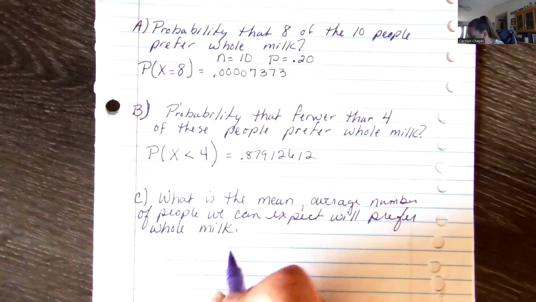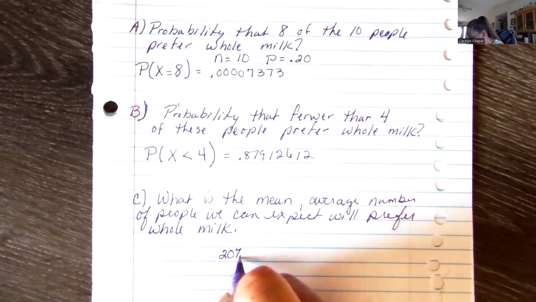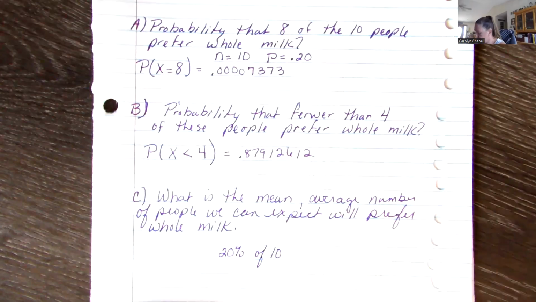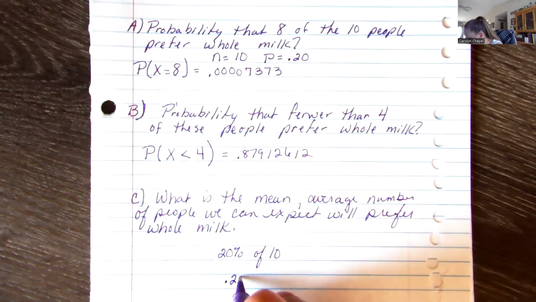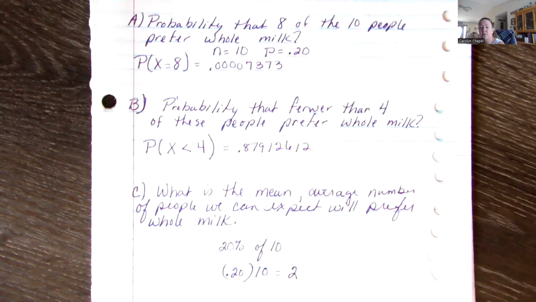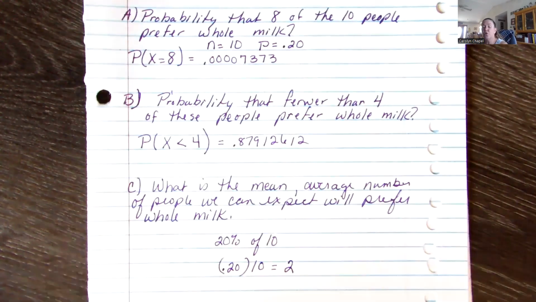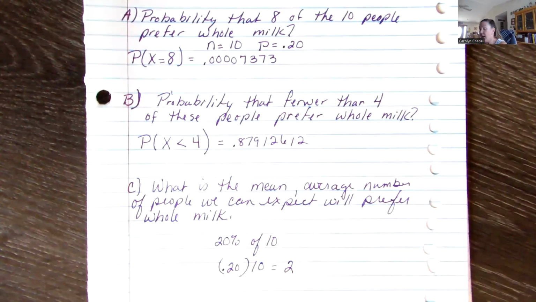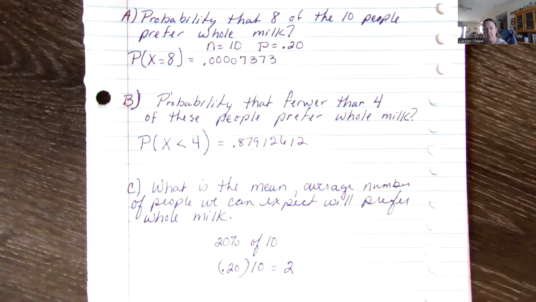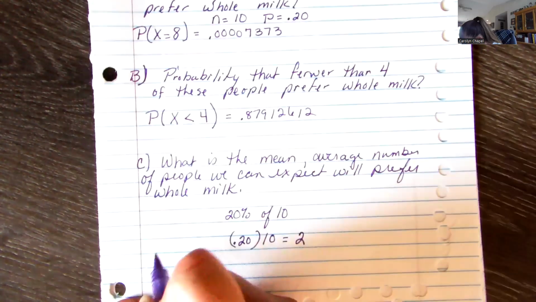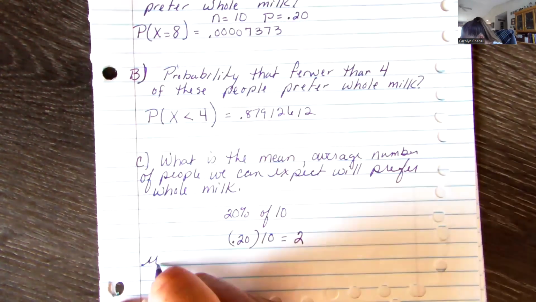So it makes sense that we want 20% of our 10, which is 0.2 times 10, which is 2. So out of our 10 people, we expect 2 people to prefer that whole milk. And if you can remember the graphs when we were looking at them, 2 was the one with the highest probability.